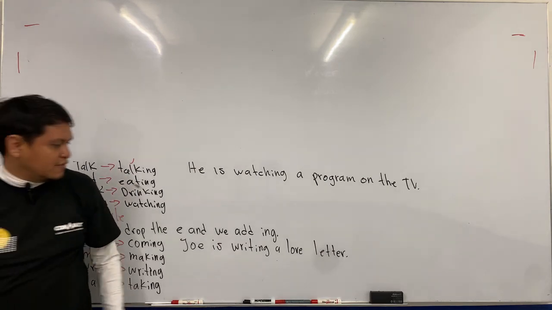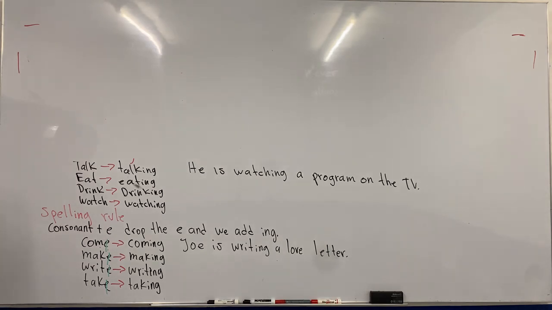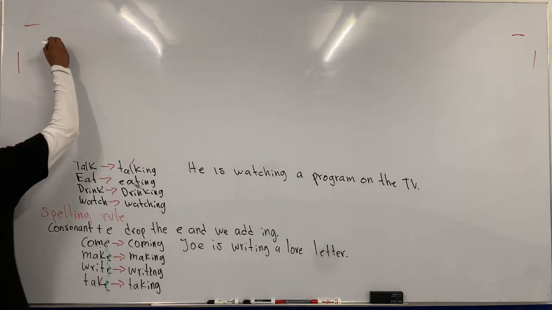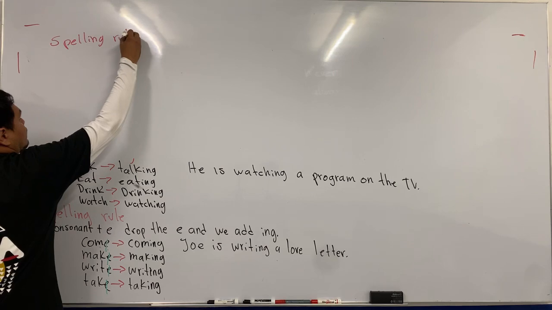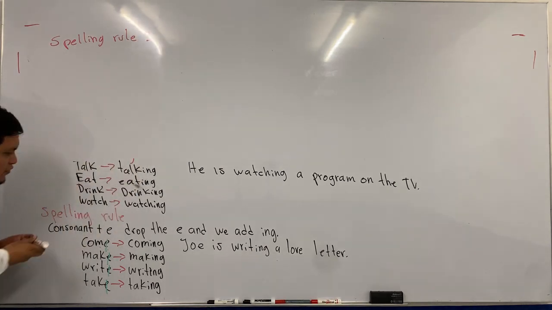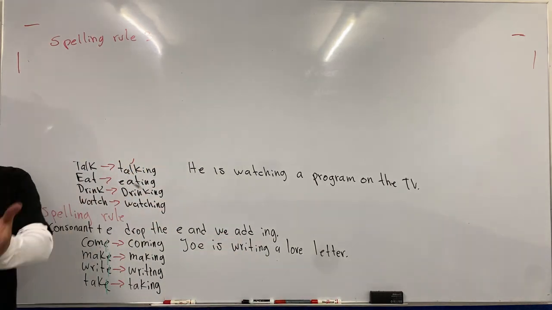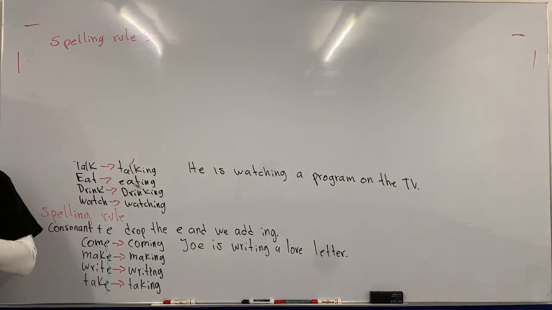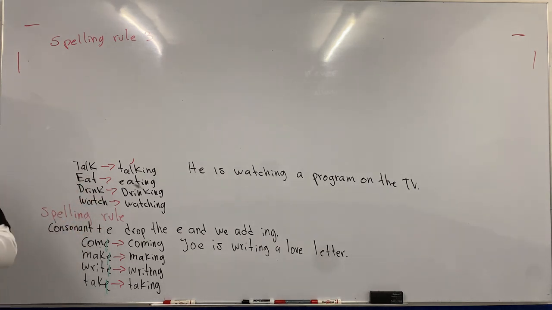The next rule, and the final rule. A spelling rule 3. This is the third spelling rule. With some verbs ending in a vowel plus consonant, we have to double the consonant and add ing.